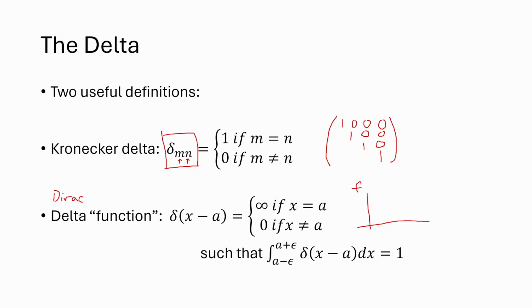Here's my f of x, here's my x, and at x equals a, exactly at that one point, it is an infinitely tall, infinitely narrow line.